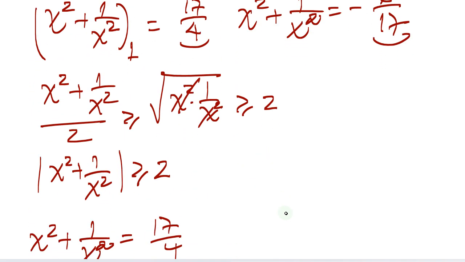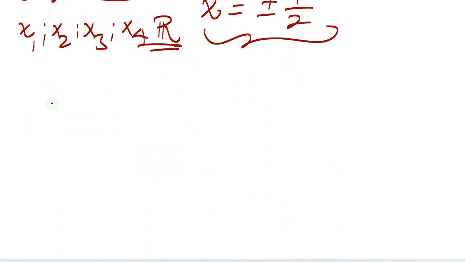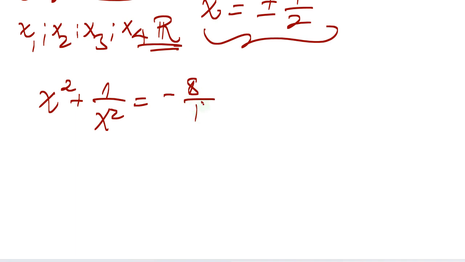So I'm going to write it down. We have x squared plus 1 over x squared equal to minus 8 divided by 17.